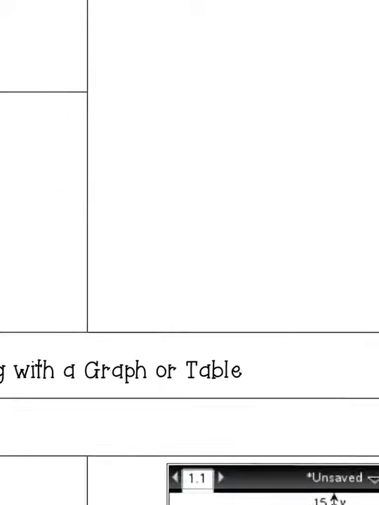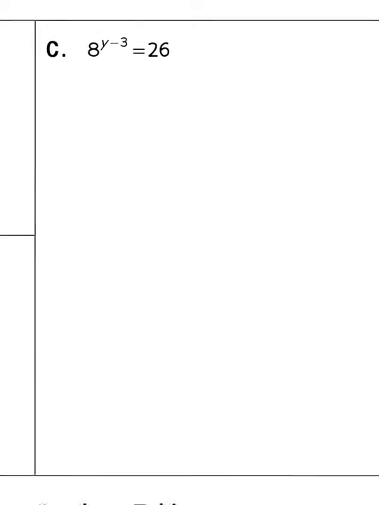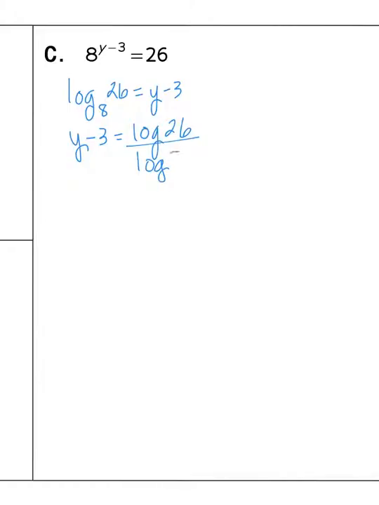Go to C. So for C, we're going to convert it into log form. So log base 8 of 26 is equal to y minus 3. So y minus 3 is equal to log of 26 divided by log of 8. And then if I want to get y by itself, I'd have to add 3.